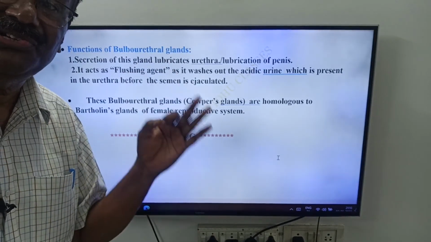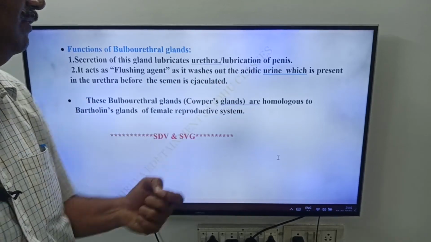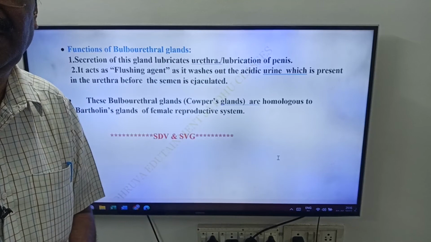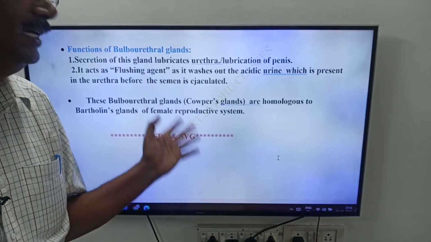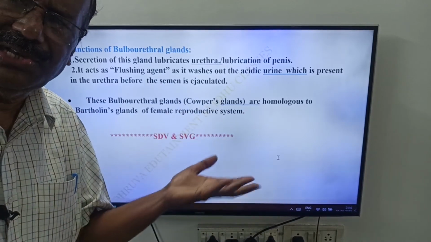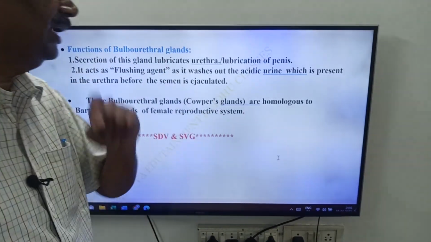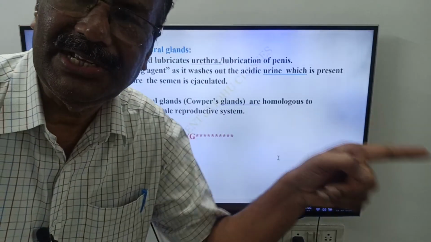It acts as a flushing agent, as it washes out the acidic urine which is present in the urethra before semen is ejaculated. Friends, it acts as a flushing agent of what? It washes out urine. You know, urine is acidic in nature, friends. It washes out acidic urine present in the urethra before semen is ejaculated.